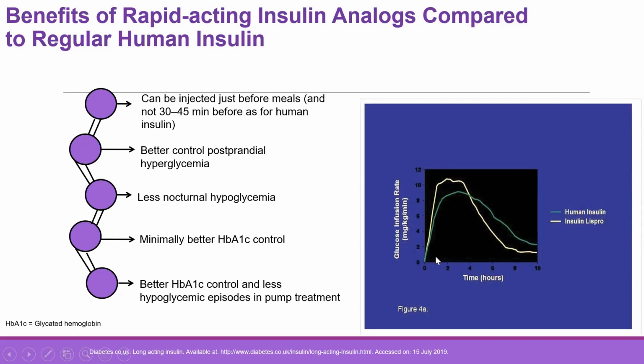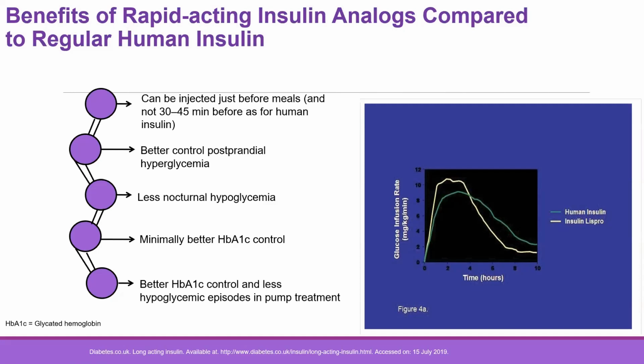And if you accidentally miss the insulin injection, you can give it even after the meal. It hardly matters whether you have given the injection just before the meal or just after the meal. So that is an important advantage of the rapid acting insulin analogs. The patient doesn't have to wait, and therefore it has better acceptability as far as patients are concerned.